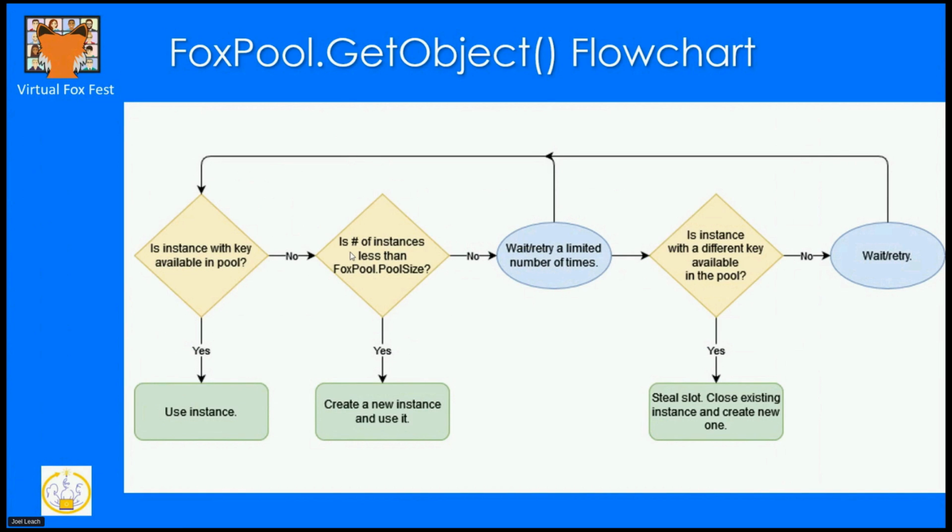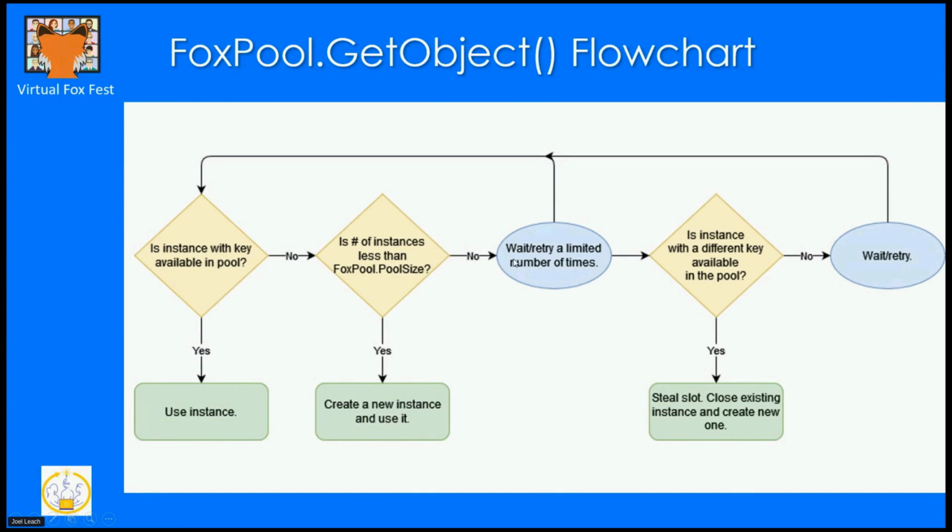And the number of instances includes any instances that are currently busy servicing requests, as well as any that are sitting in the pool waiting, perhaps with different keys. Okay. So if that number is less than the pool size, then yes, we have room in the pool to create a new instance. So create that instance and then use it for the current request.